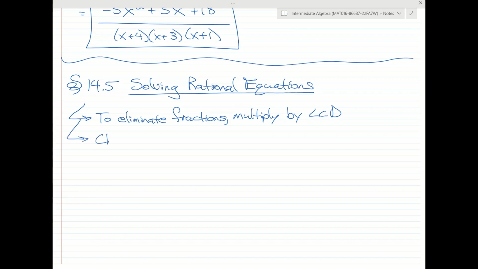We also just want to check our answers. Let's say check for extraneous solutions. And this is just where the denominator is equal to 0.